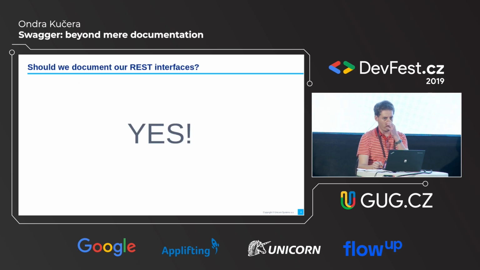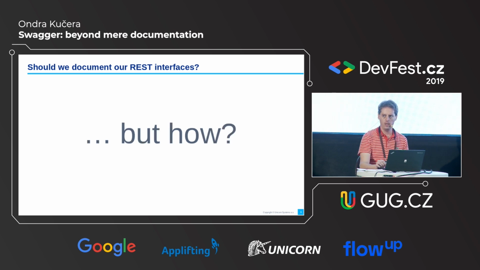So the big question is whether we should document our REST interfaces. And most of you agree with me that we definitely should. The question is how. Years ago, when I first heard about REST, when it all started, I asked some people who were early adopters and who were already using REST how their REST interfaces are specified, how it is documented that it lives at a certain URL, it takes some parameters, it returns something.